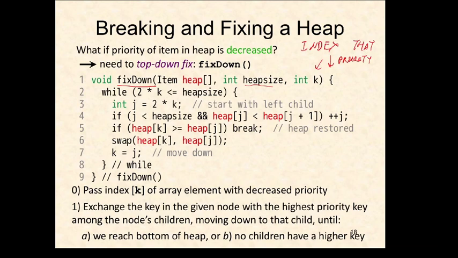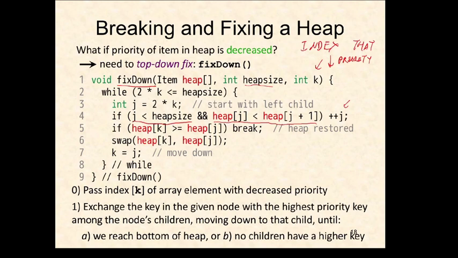So we say if j is less than heap size, and heap sub j is less than heap sub j plus 1. Aha! If j is the left child, j plus 1 must be the right child. So this if statement is basically saying if you have a right child and the right child is larger than the left child, then increment j, so j should be the right child.